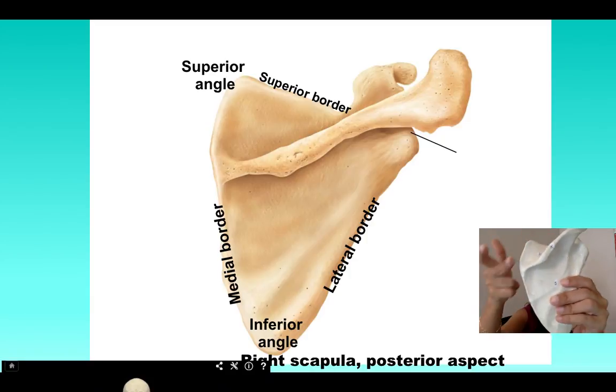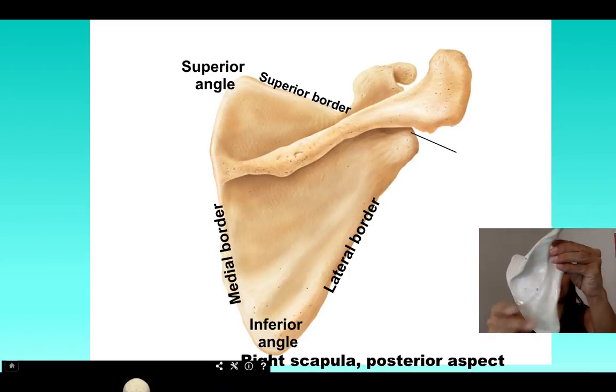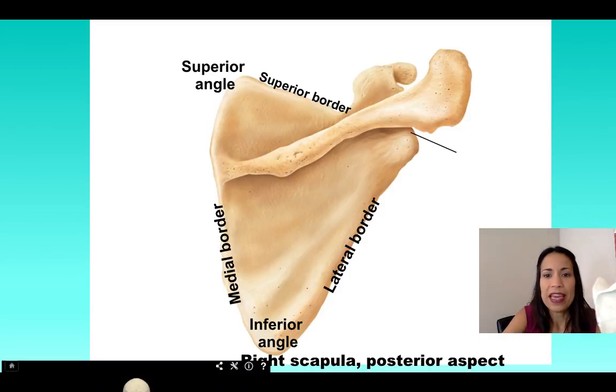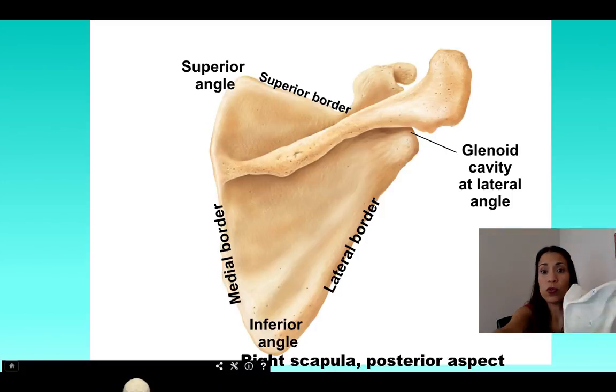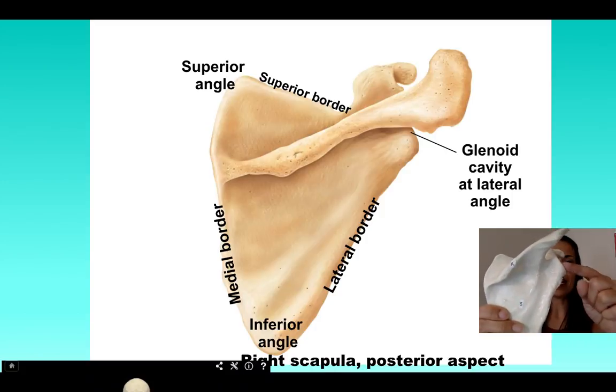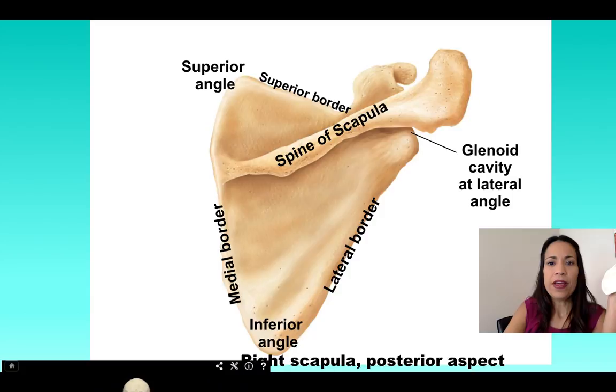Superior border, medial border, lateral border, lateral angle, superior angle, inferior angle. And in the lateral angle, we can see the glenoid cavity right here.